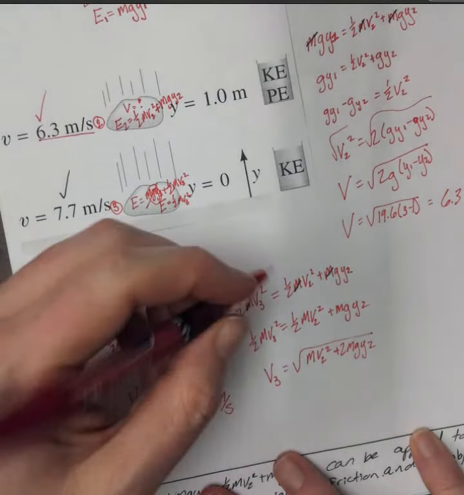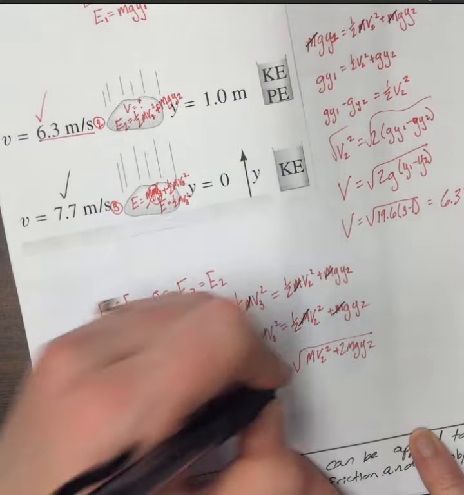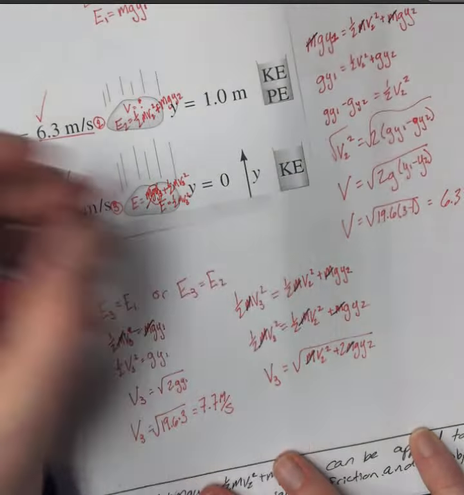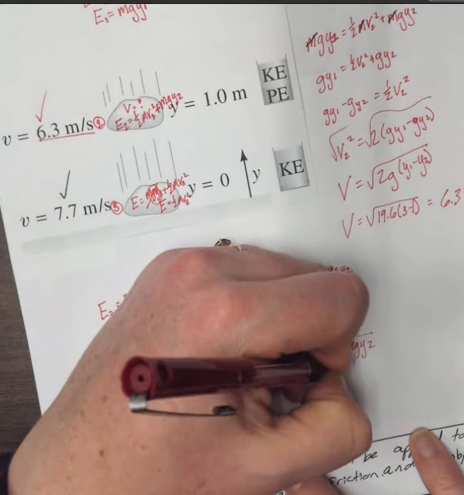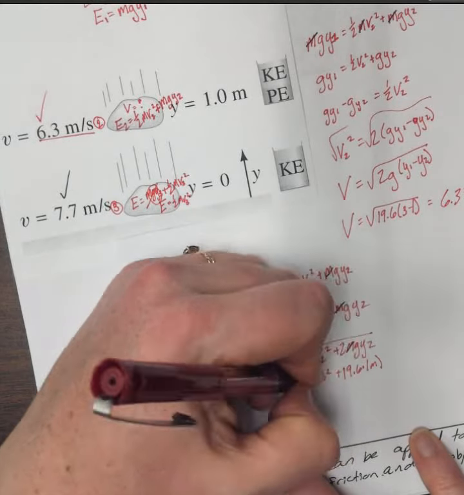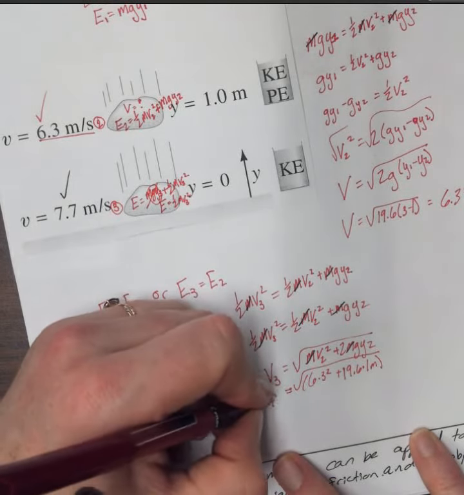Sorry, my m's are gone. I didn't mean to write them again. So now I can plug in 6.3 squared plus 19.6 times 1 meter. Square root of that, and I get the same answer, 7.7 meters per second.